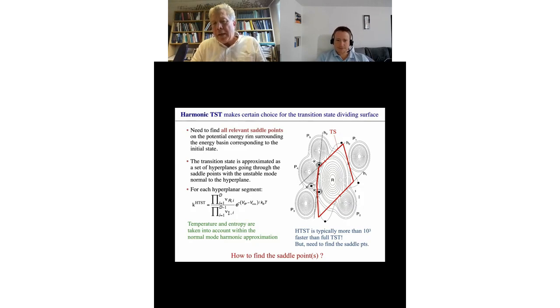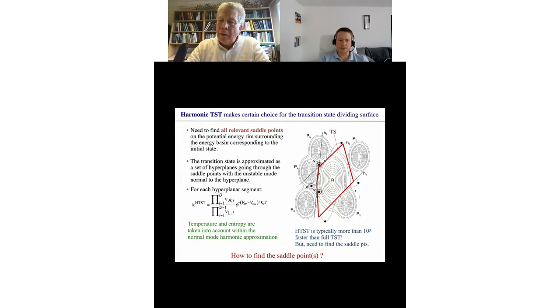Yes, sure. One can also calculate full transition state theory, where you actually have to find the free energy of the dividing surface and compare that with the free energy of the initial state. That can be done by having these hyperplanar segments and moving them gradually from the initial state minimum to the transition state, and optimizing the transition state to find basically the maximum free energy.